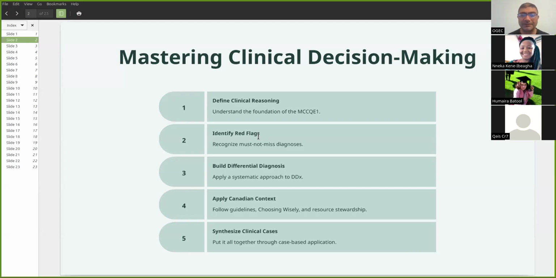Also, we apply the systematic approach to identify and prioritize differential diagnoses, which should be the first, which one should be the next, and so on. We also will talk about the Canadian guidelines, because most of the questions come from the guidelines. And at the end, we will put it all together in a case-based application.